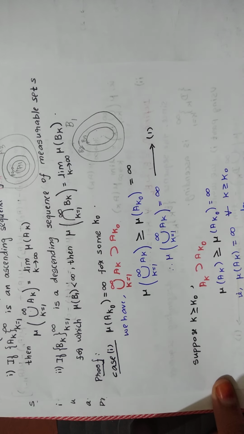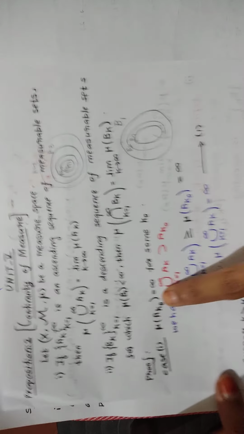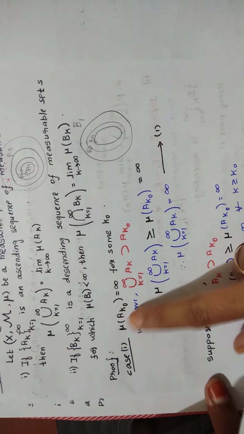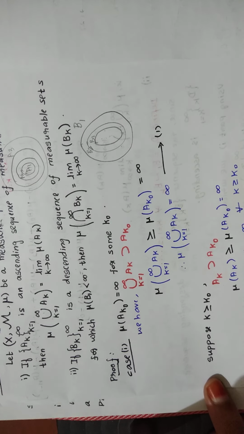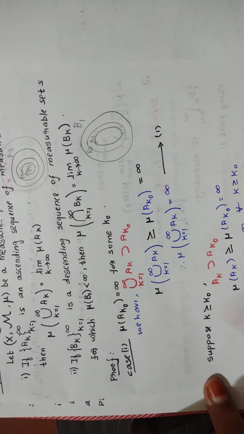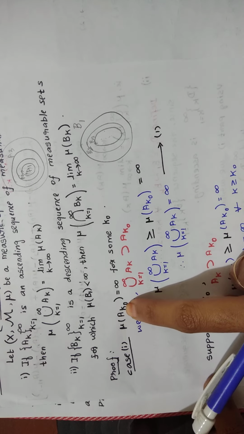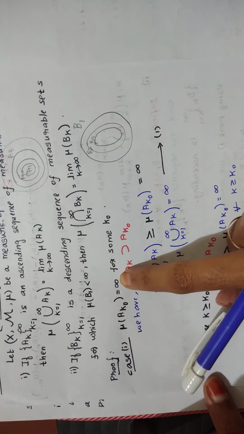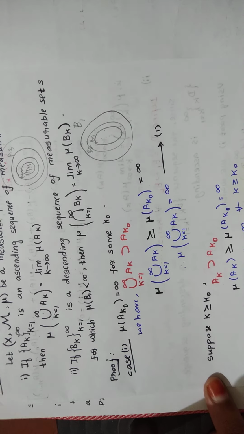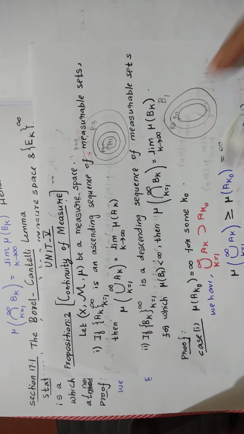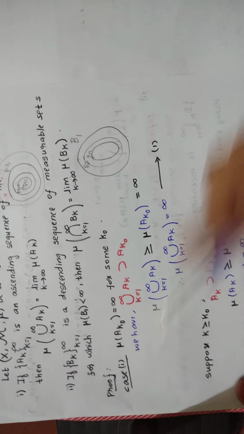It means you are taking any one of the measurable sets from this collection, that is A_k0, and you are saying the measure of this A_k0 is infinite. Equal to infinity means the measure of this measurable set is infinite for some k0. For some k0 means some measurable set from this collection. So this is our case 1.